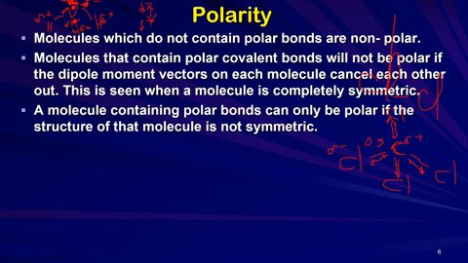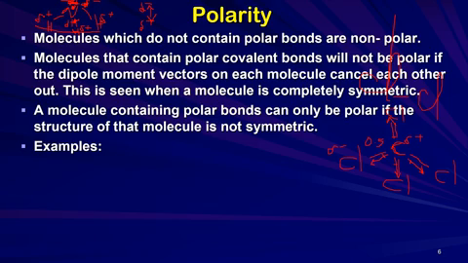So the dipole moments in this molecule will not cancel out because simply the molecule is non-symmetrical. The atoms in the molecule are not symmetrically arranged, and then we get a polar molecule because first of all it contains polar bonds, and second, it doesn't have atoms which are symmetrically arranged.